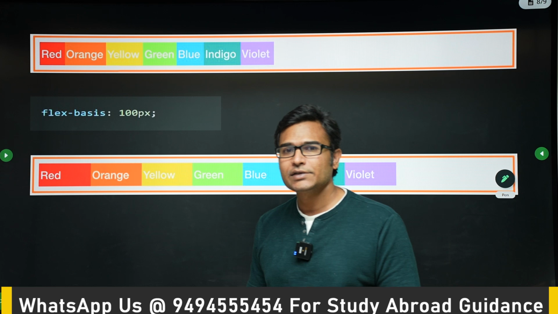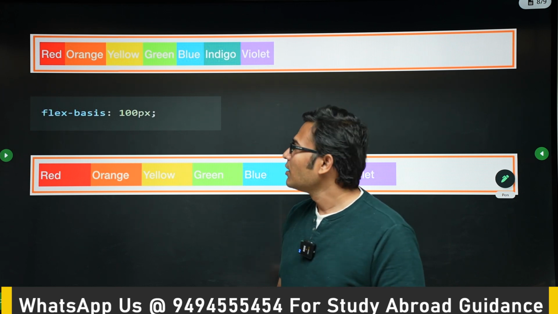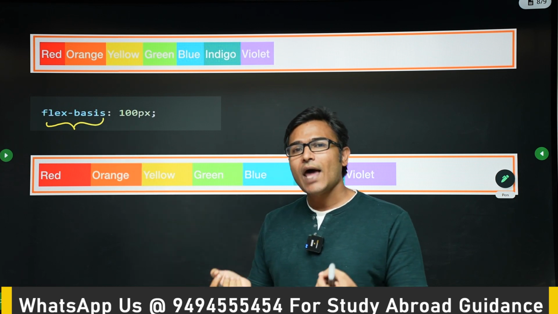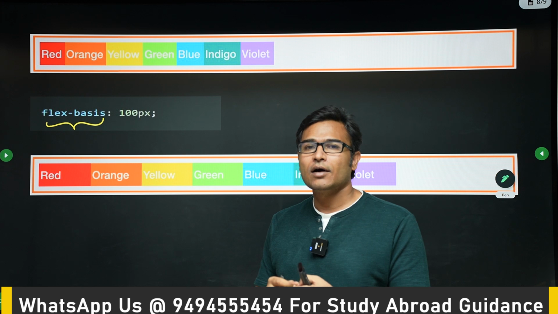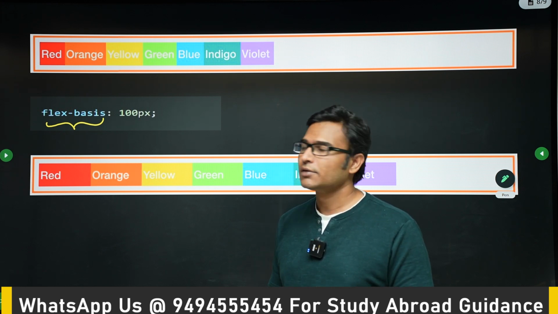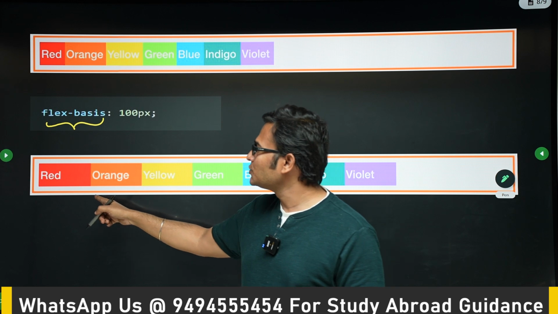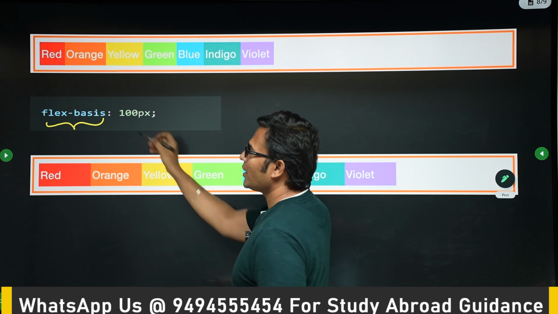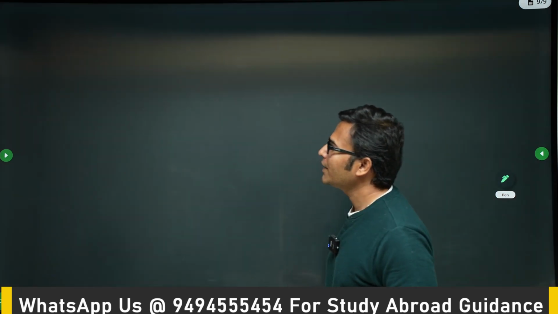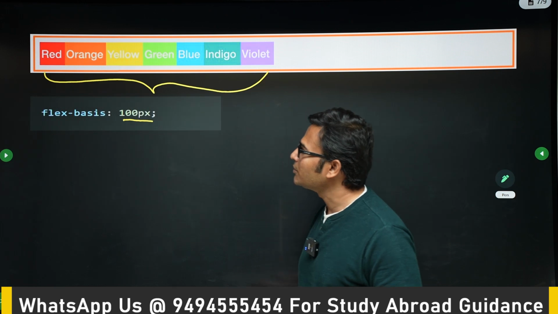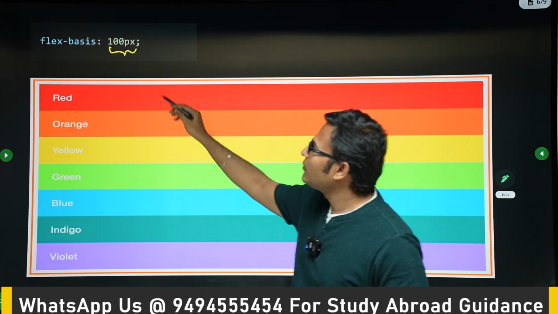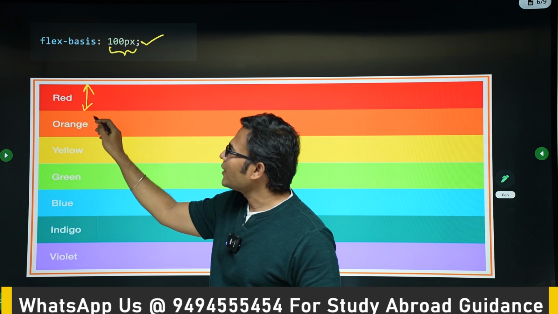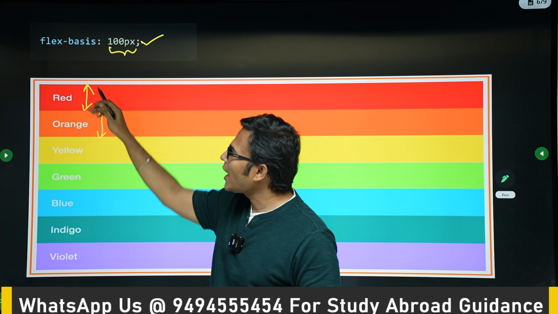I want you to understand one key difference here. Flex basis is not the width or height. It will act depending on the flex direction that you have given. Okay, if the flex direction is row, then all the elements will be dragged along the row by 200 pixels. Similarly, if the flex direction is column, then all the elements will be dragged across the column, which means the height of it will increase.